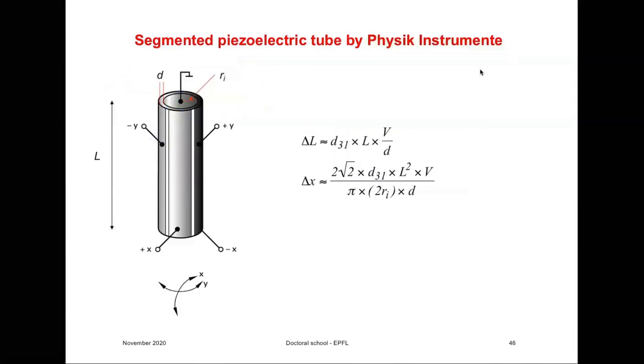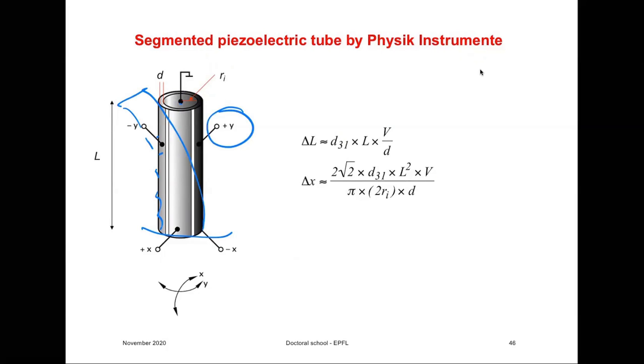Well, if I apply a negative voltage between this electrode and the ground, it would, for example, tend to shrink, but the rest of the sample wouldn't. And that means that this tube would bend if it is clamped here on the bottom. If you now apply a positive voltage here, it would bend even more.